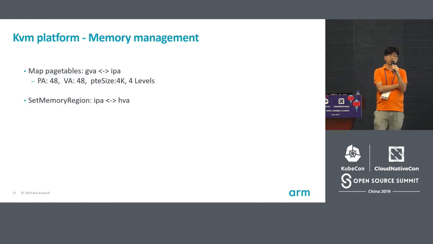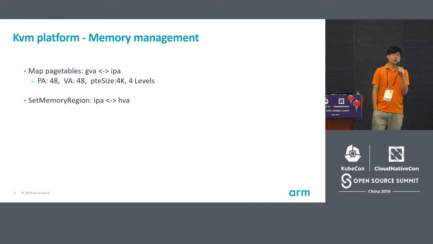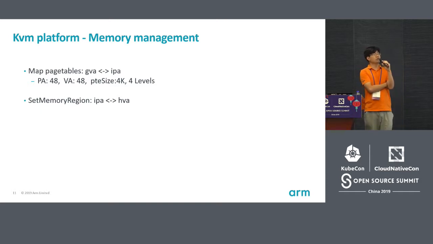For ARM's page tables, there are two formats. One is identity mapping, the other is section mapping. Identity mapping can configure 4K, 16K, 64K. We're also using 4 levels, which is consistent with x86.